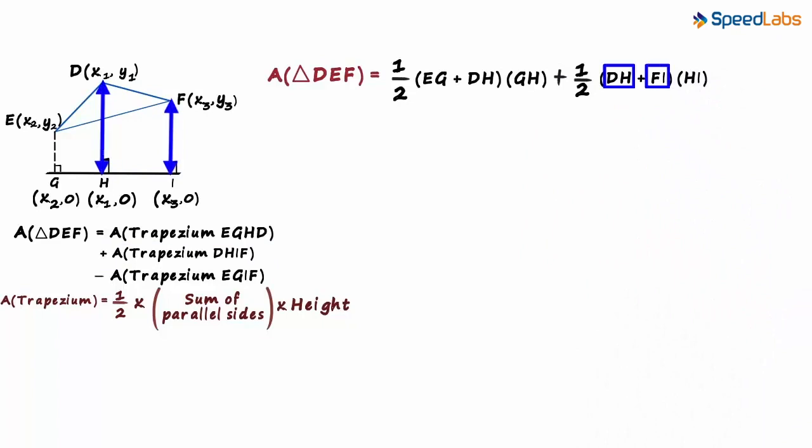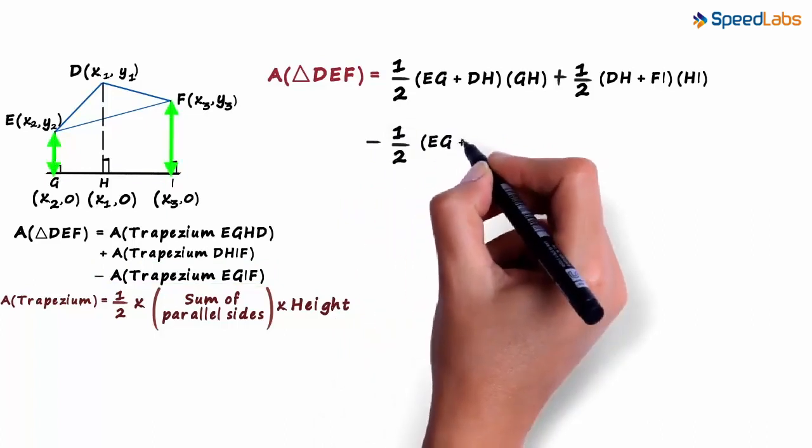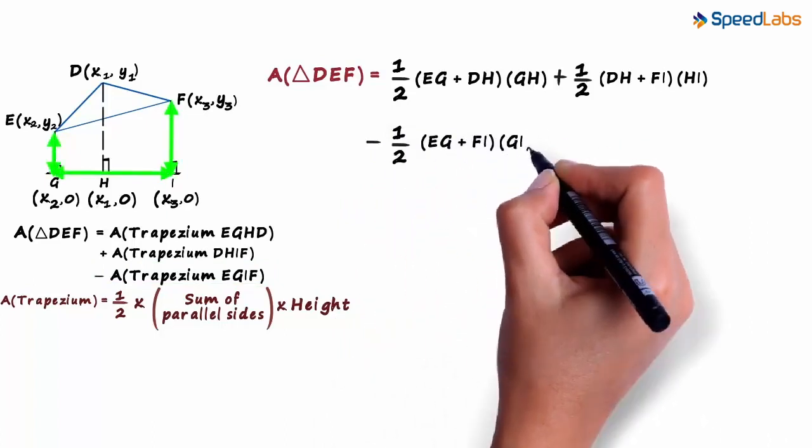DH and FI are the sum of parallel sides and HI is the height. For this big trapezium, EG and FI are the parallel sides and GI is the height, which makes its area half multiplied by EG plus FI multiplied by GI.